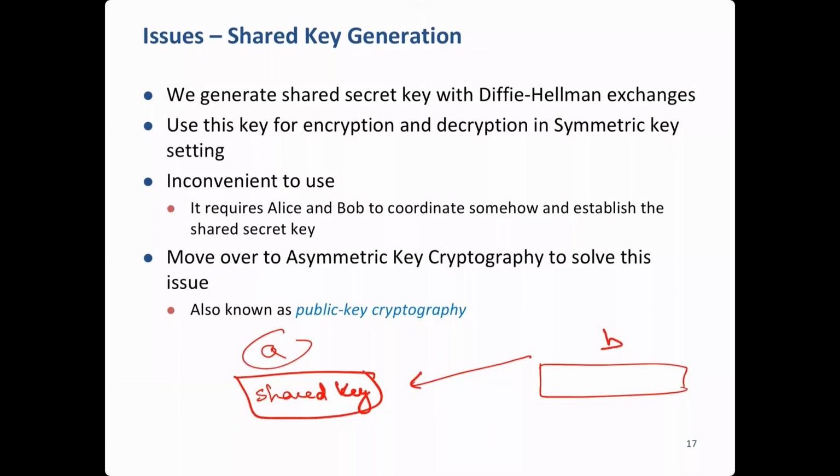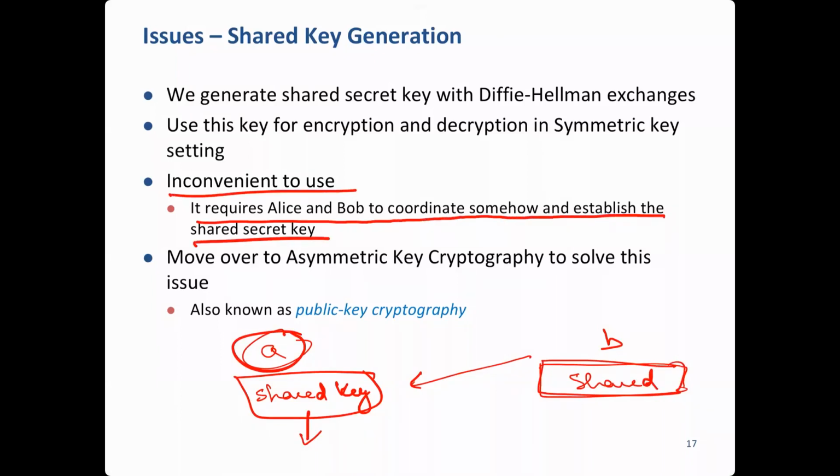But the shared key that comes out is not a controlled one, so one doesn't know what the shared key is going to be. It's something that comes out of the independent choices of Alice and Bob. And secondly, both have to be online, so it's inconvenient to use. It requires Alice and Bob to coordinate somehow to establish a shared secret key.